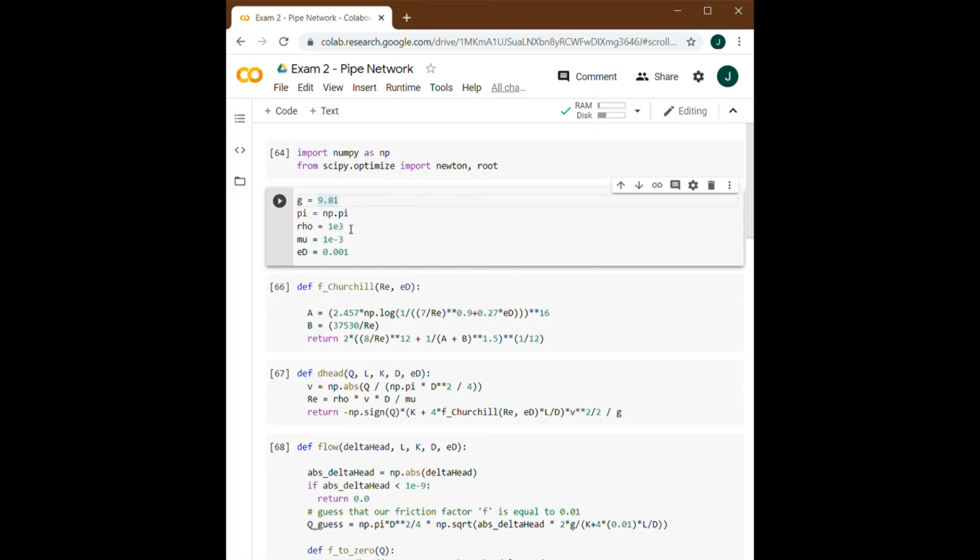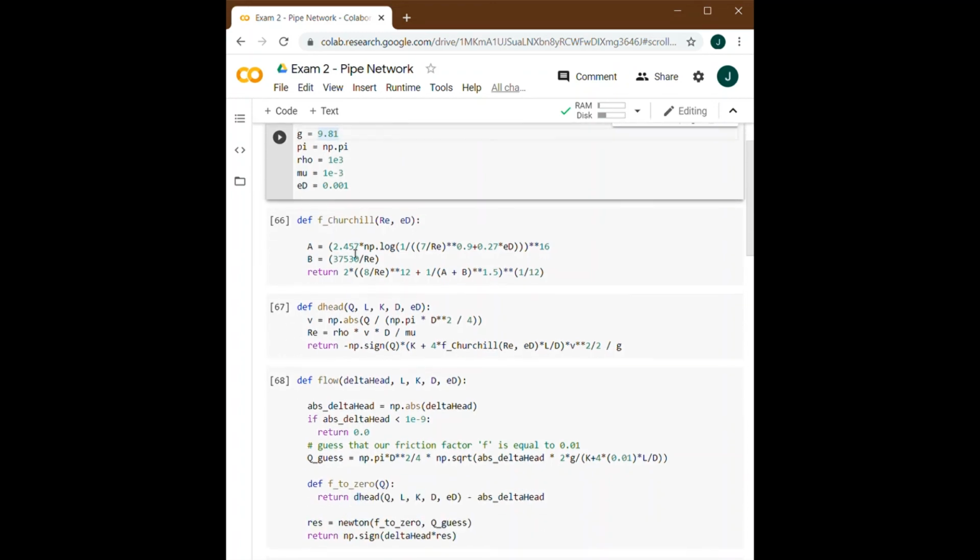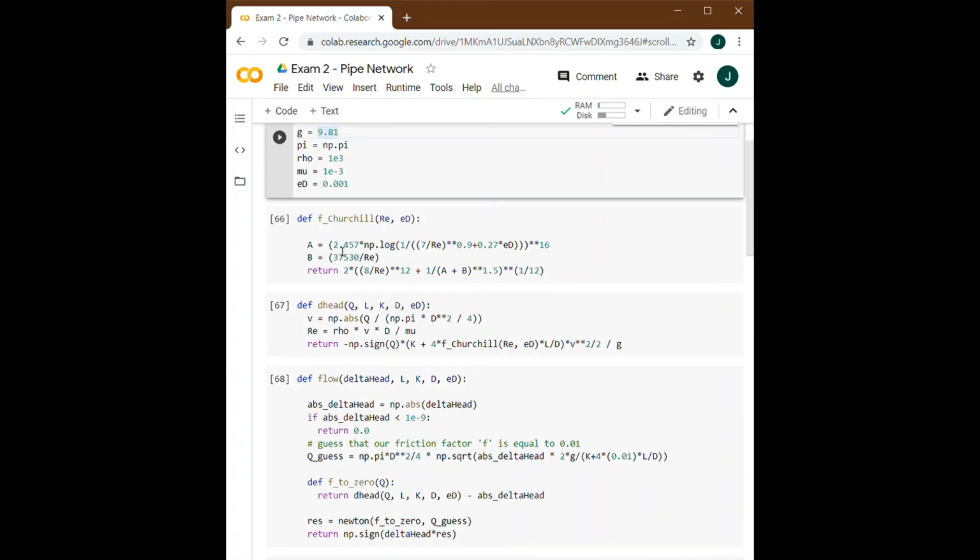Our rho is 1 times 10 to the power of 3, which is the density of water in kilograms per meter cubed. We have mu, which is the viscosity of water, 1 times 10 to the negative 3 pascal seconds. And we have ED, which is our internal roughness of the pipe, at 0.001. So all that looks good. Now we're going to check this Churchill function.